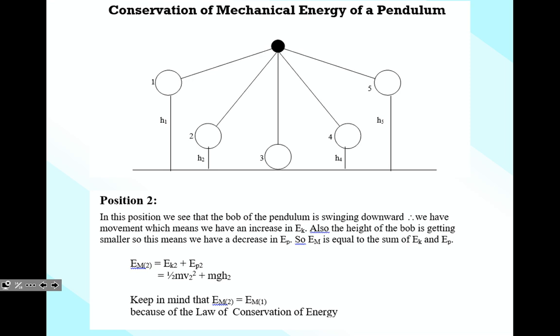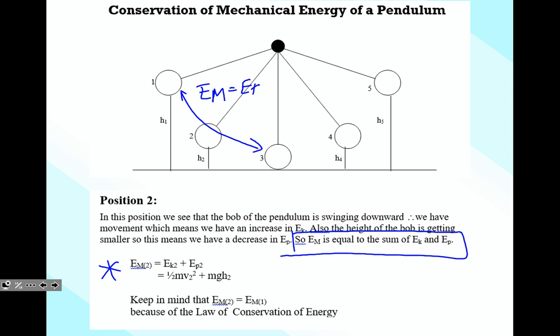Position 2: in this position we see that the bob of the pendulum is swinging downwards, therefore we have movement, which means we have an increasing EK. As we release the bob, the potential energy is going to go down and the kinetic energy is going up. Also, the height of the bob is getting smaller, so we have a decrease in EP. So EM is equal to the sum of EK plus EP, anywhere in between.